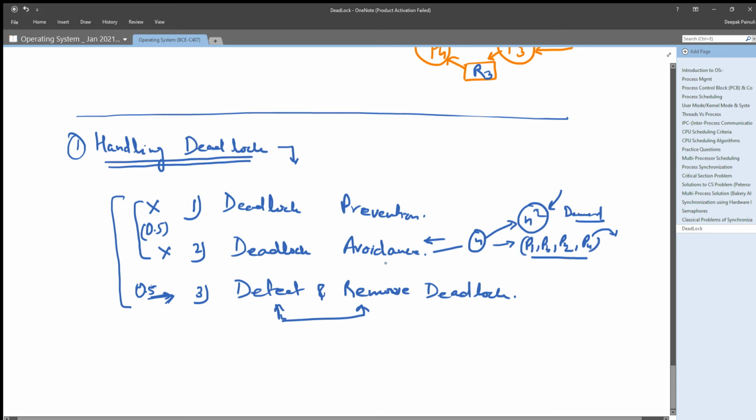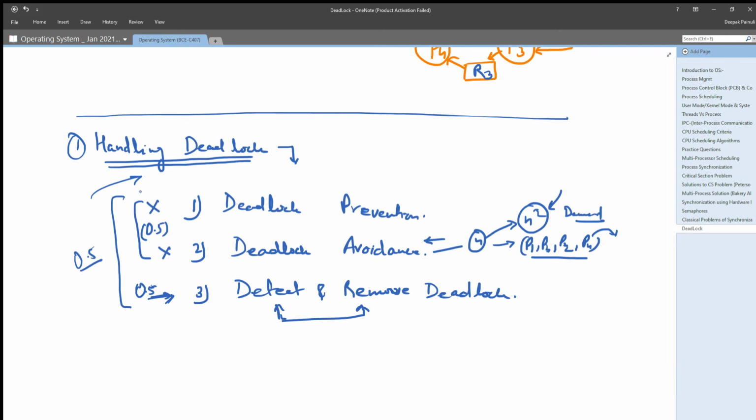But in reality, the operating system has nothing to do with these deadlocks. It has not implemented any real-time methods which can prevent or avoid deadlock in the system, or handle deadlock, right?